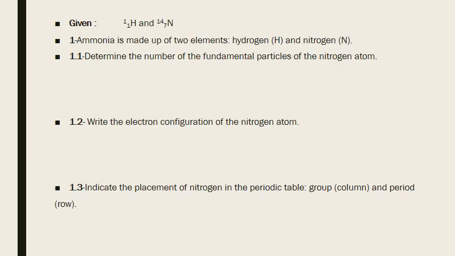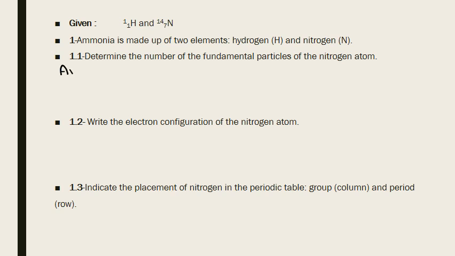So the first question says, ammonia is made up of two elements, hydrogen and nitrogen. Determine the number of the fundamental particles of the nitrogen atom. So this is what we want: the number of electrons, the number of protons, and the number of neutrons. Okay?